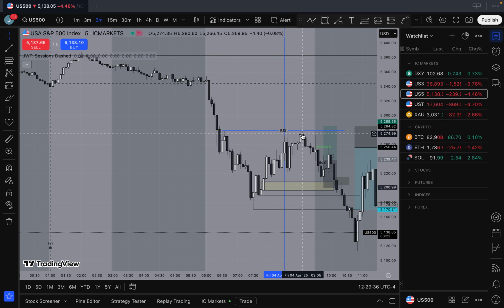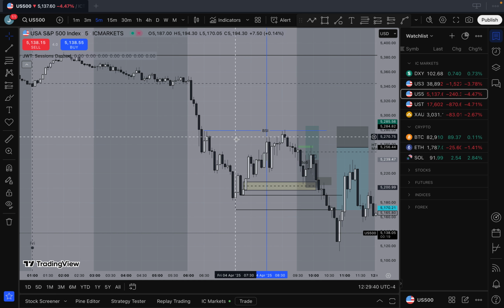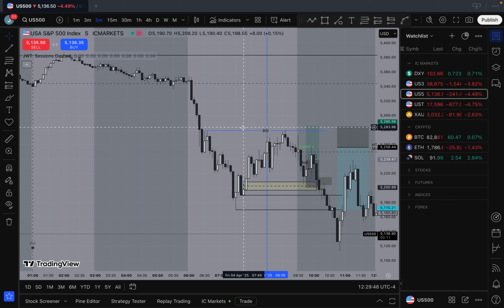At 9:05, it swept it just. So now that we've done this, we've got resting lows down here, sell side. Those should be the targets. And if I'm being honest, I just didn't spot it at the time.